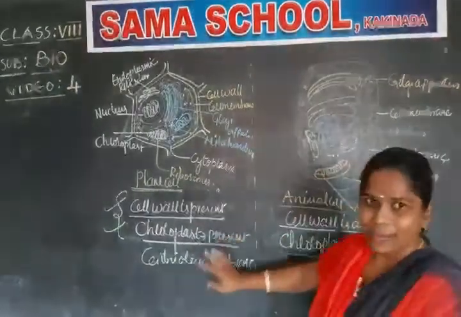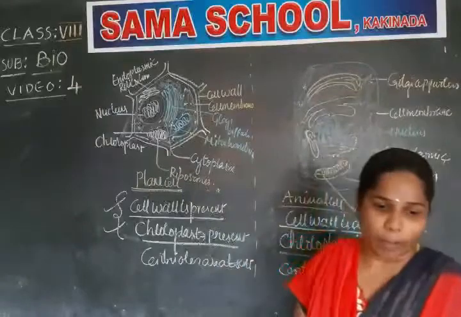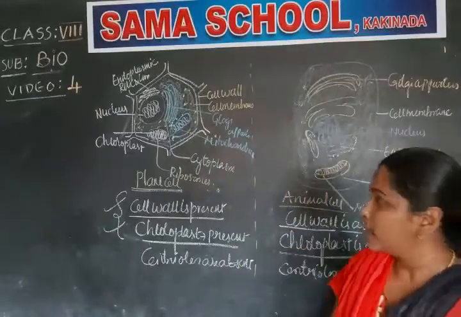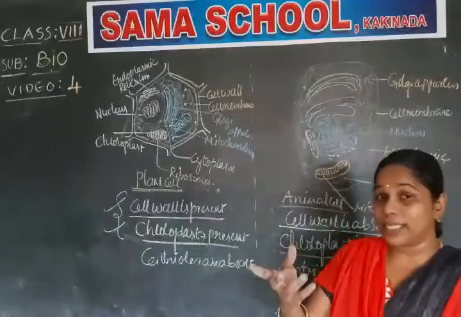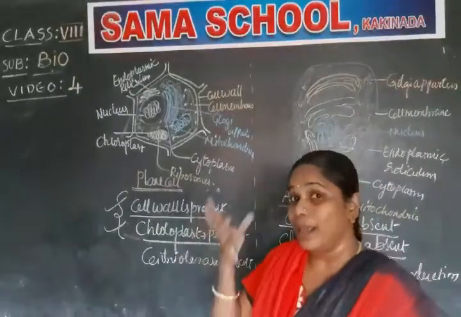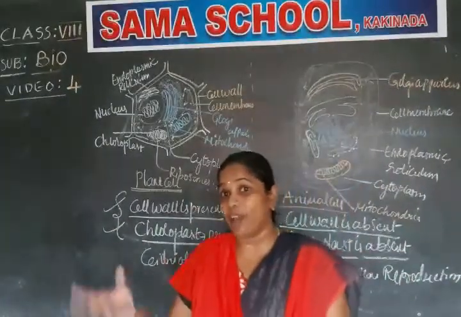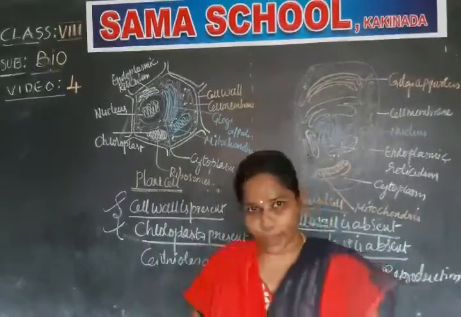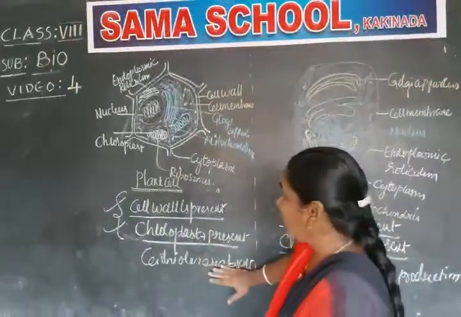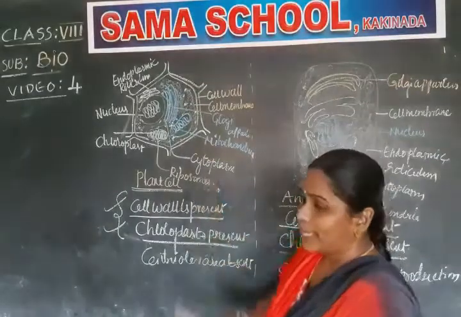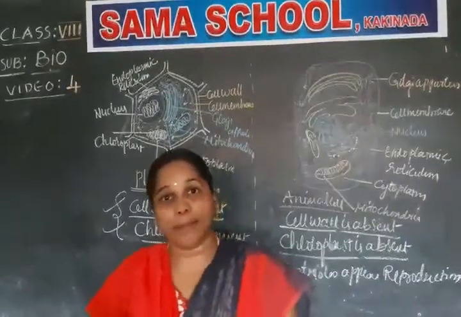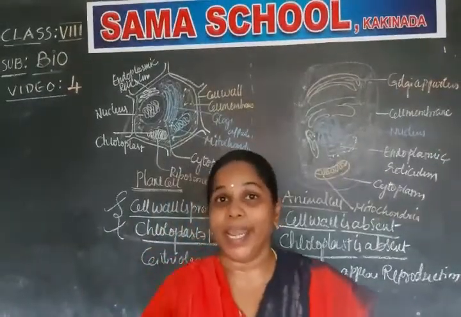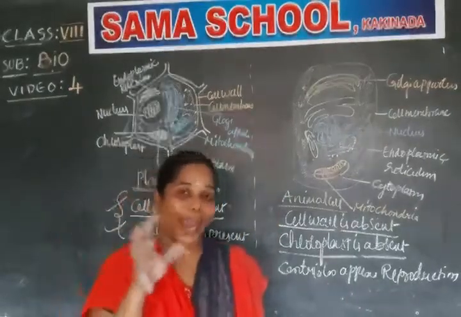Once again I will repeat, and then go for the next topic, that is diversity of the cells in plants. If you take a dicot stem, what type of cells or tissues are present, we are going to see. Today's topic is the major differences between an onion peel cell and a cheek cell.